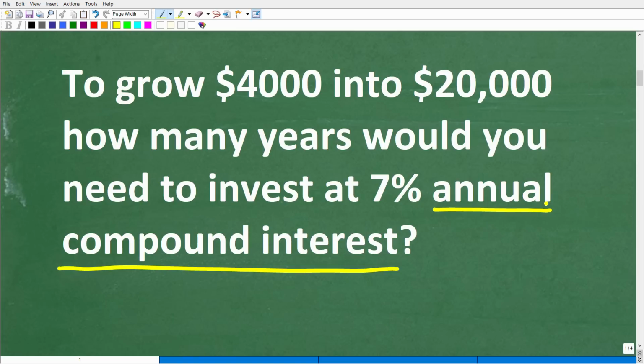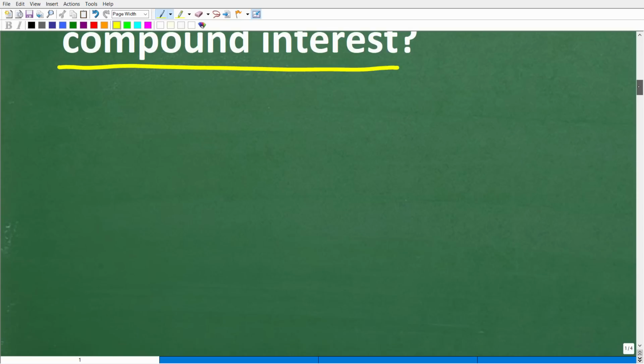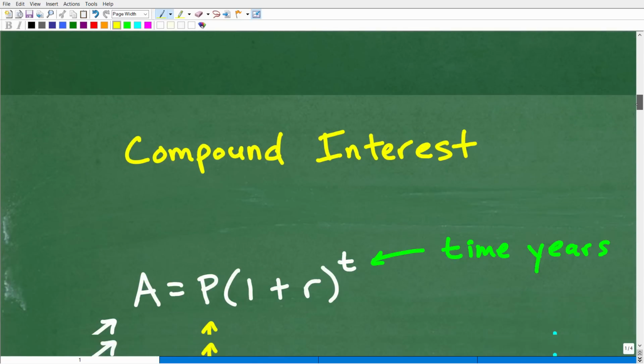You can have continuous compound interest or daily compound interest or quarterly compound interest. And those situations would require different formulas. I'll show you the correct formula in just 1 second. But we do need to understand some basic investing concepts to solve this problem. So let's take a look at the formula and then review some basic investing terms and definitions right now.